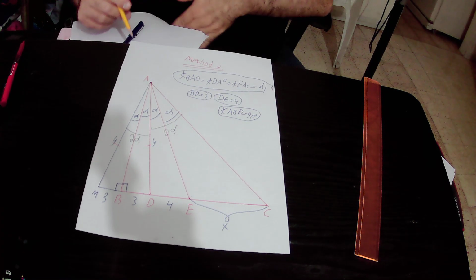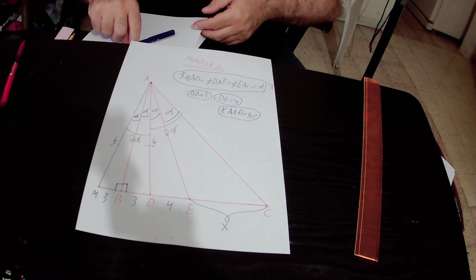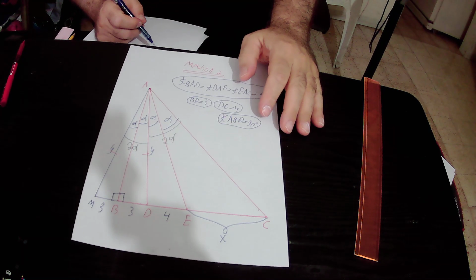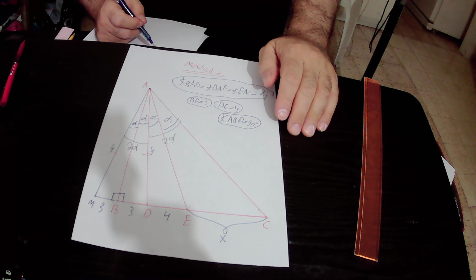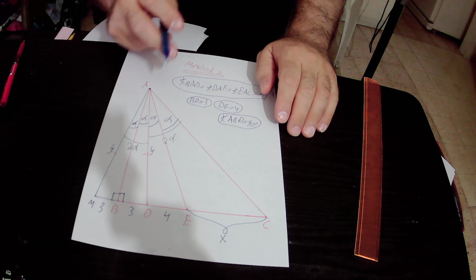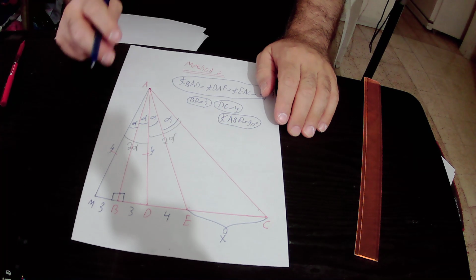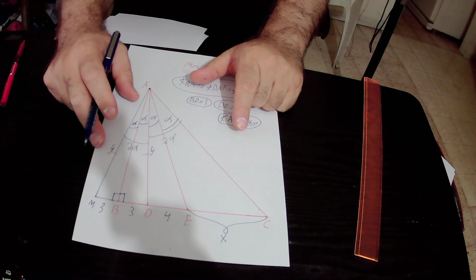And according to the angle bisector theorem, we know that the angle bisector divides the side that it hits, that is to say MD over DC, in a ratio that equals the ratio of the angle legs. What are the angle legs? AM and AC.